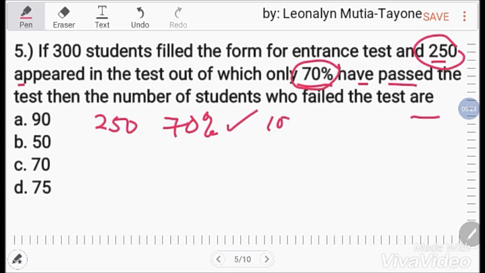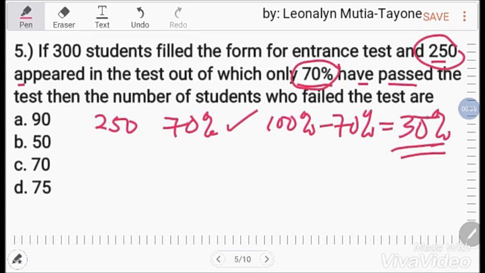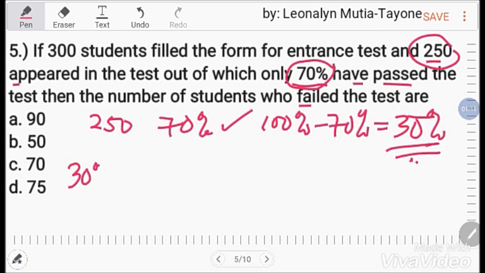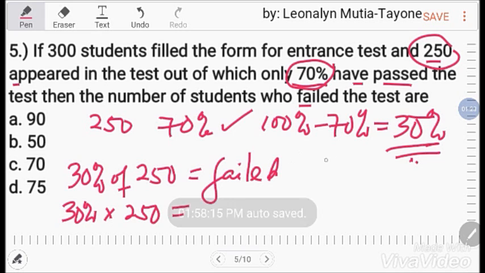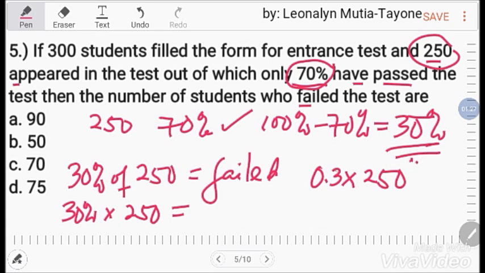That means 100% minus 70%, 30% failed. Ito ang hanapin natin, kasi yan yung tanong. That means 30% of 250 failed the test. Ang "of" natin ay multiplication, that is 30% times 250. So, bali, 0.3 times 250.